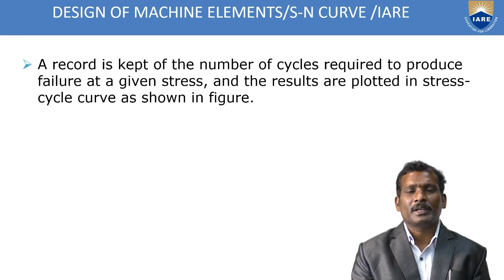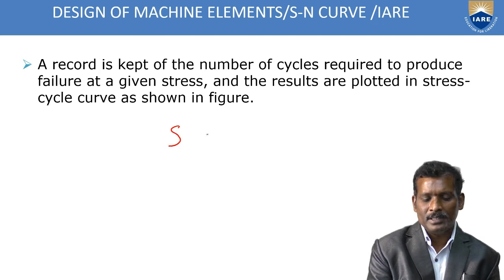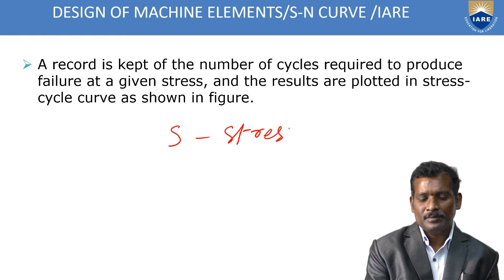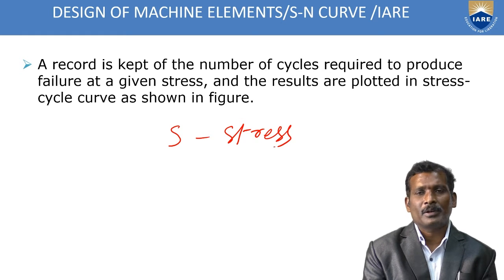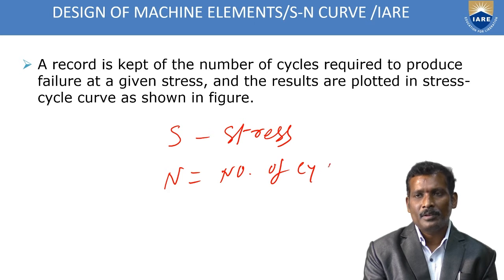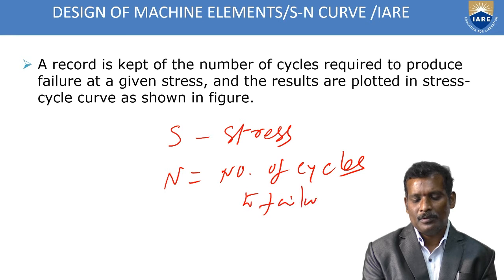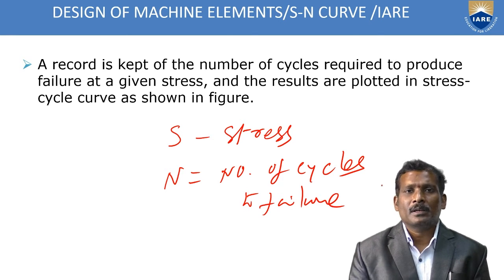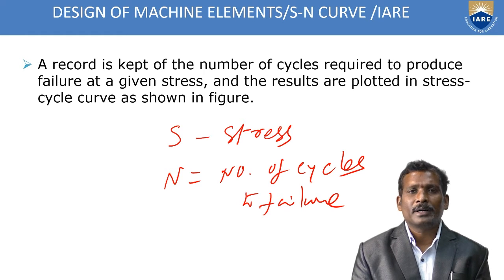I will show you the diagram, the curve as shown in the figure. Here S indicates the stress or fatigue strength of a component, and N is the number of cycles to failure. Whenever the specimen or component is subjected to repeated stresses, after a few cycles the component fails.